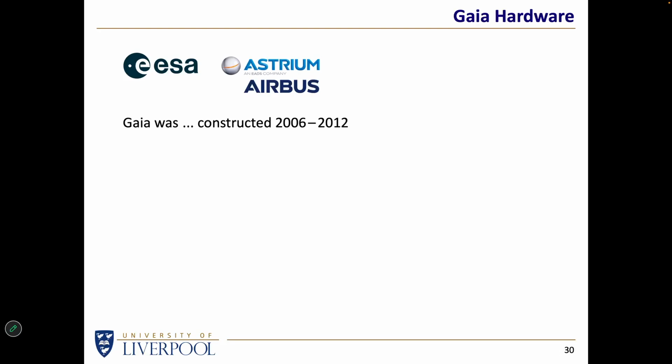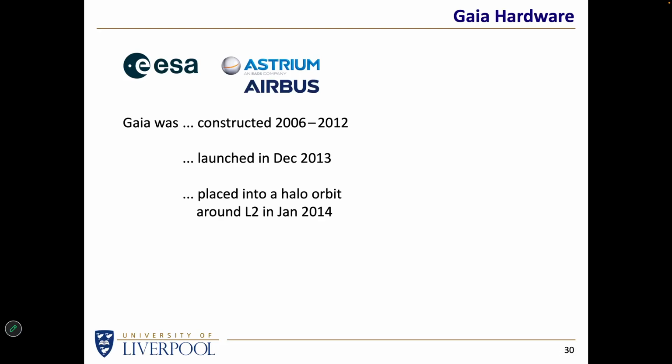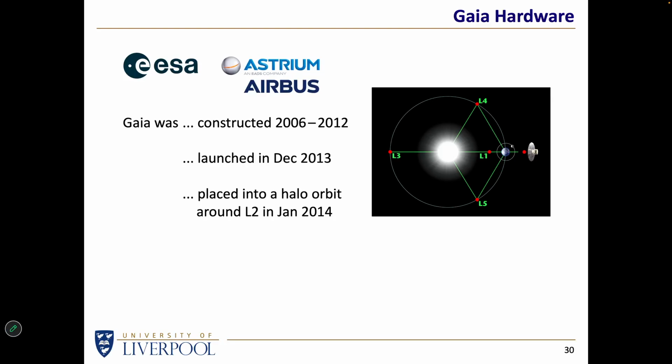It was constructed in the late noughties, early teenies. It was launched in December 2013 and was then placed a few months later in orbit around L2. James Webb sort of nudged Gaia, I guess, in the sense of they're both trying to orbit L2.